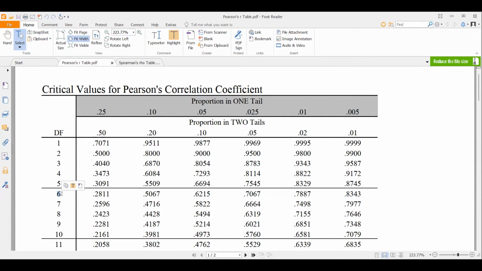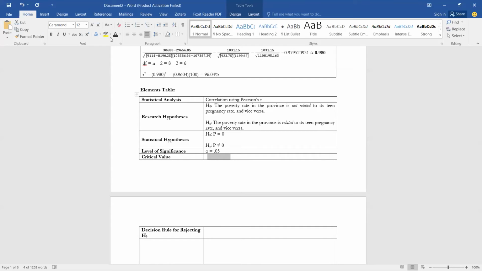We'll just settle with the simplest one, which is a two-tailed test. So 6, and then our significance level is 0.05, so that will be 0.7067. All right, so let's go back to the table. That should be positive and negative 0.7067.